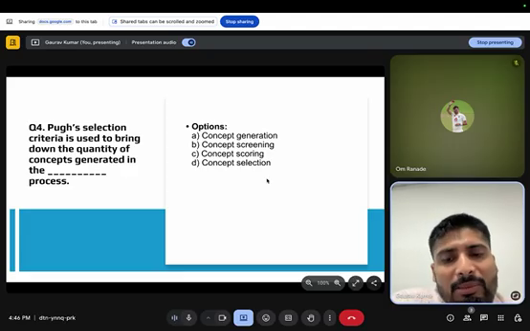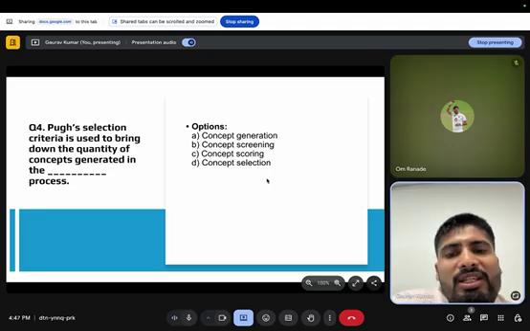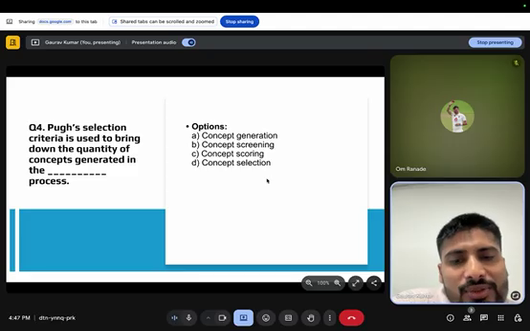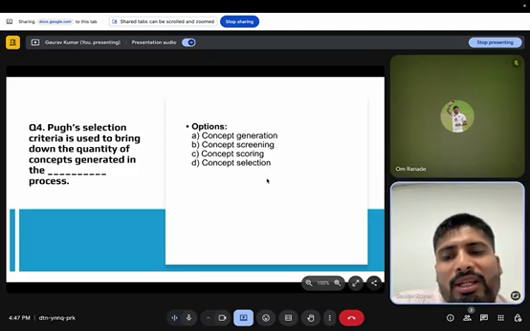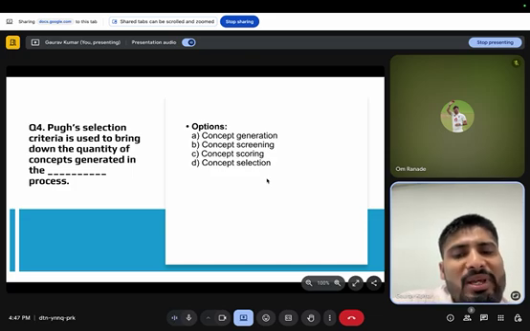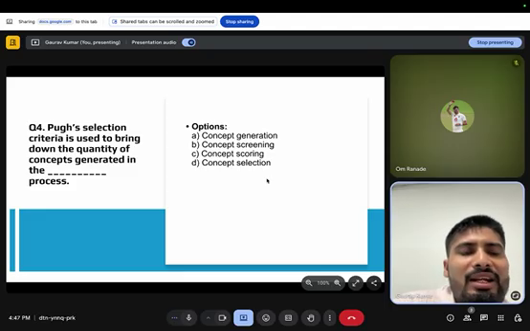So the Pugh matrix serves as the primary gateway to the more rigorous concept scoring phase, and it ensures that the number of alternatives entering the scoring process remains manageable, making subsequent evaluations more focused and meaningful.